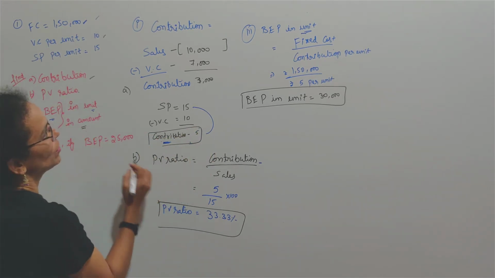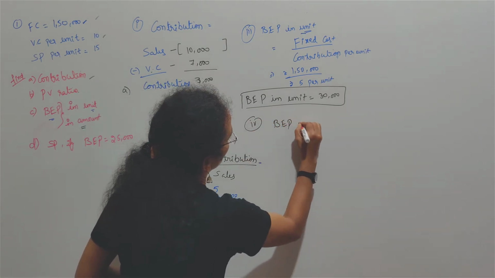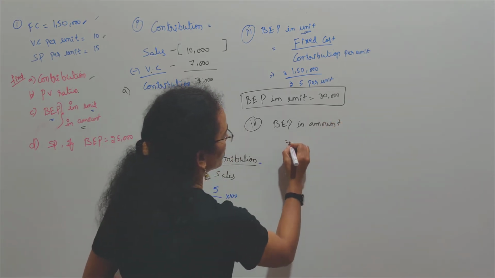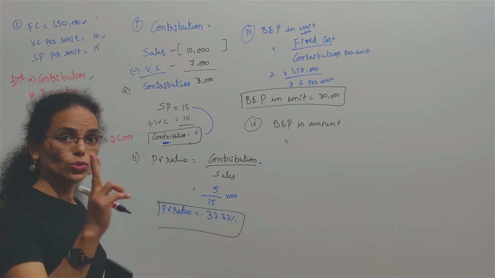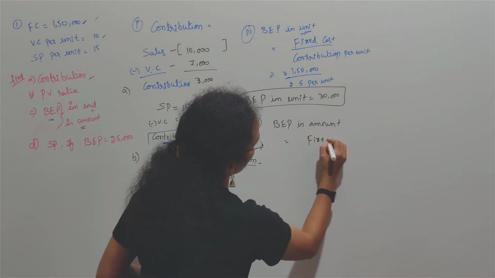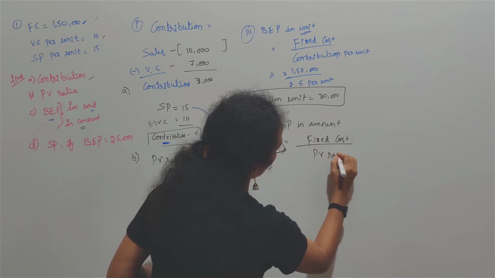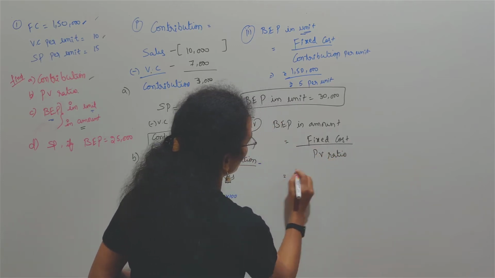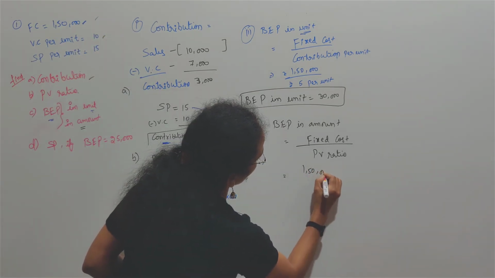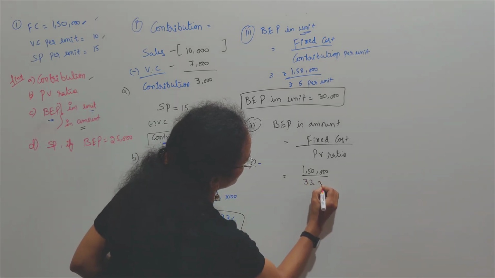Break-even point in amount. There are two ways. The first way is fixed cost divided by PV ratio. The fixed cost is 1,50,000 and the PV ratio is 33.33%.